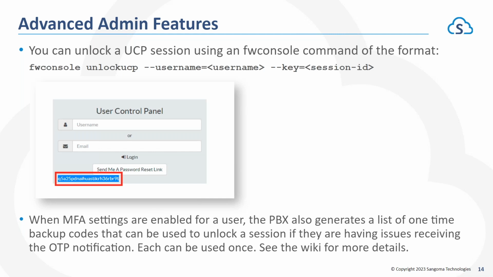The point is that there are backup codes that can be used exactly once to allow a user to continue to log in even if they are unable to receive the MFA notification. These backup codes are possible to delete and renew and regenerate from the admin by browsing to the admin PBX MFA menu.